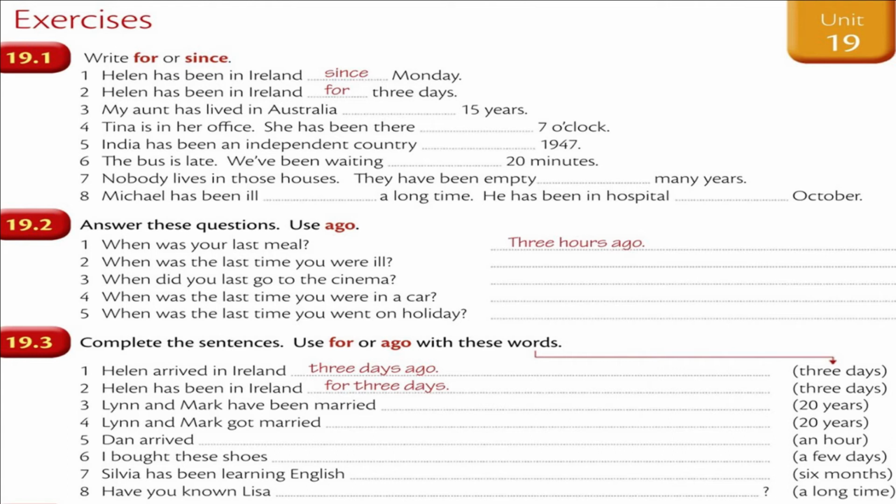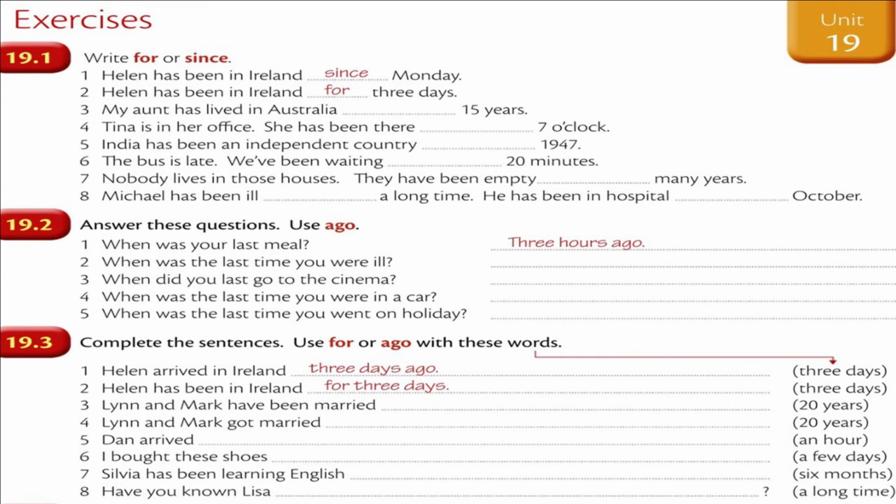Number 5. Dan arrived an hour ago. Ago is being used with past simple tense. Number 6. I bought these shoes a few days ago. Here, ago is being used with past simple tense.